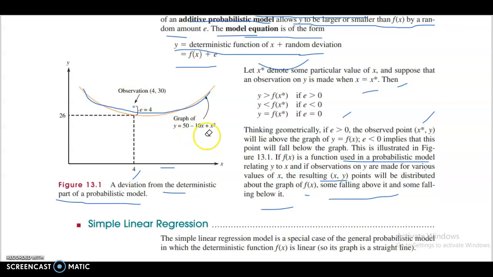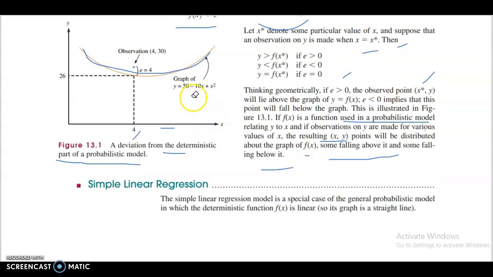Observation: here 26, here 40, observation 4 comma 30, but here 4 comma 26 minus 30, deviation from the deterministic part of the probabilistic model.